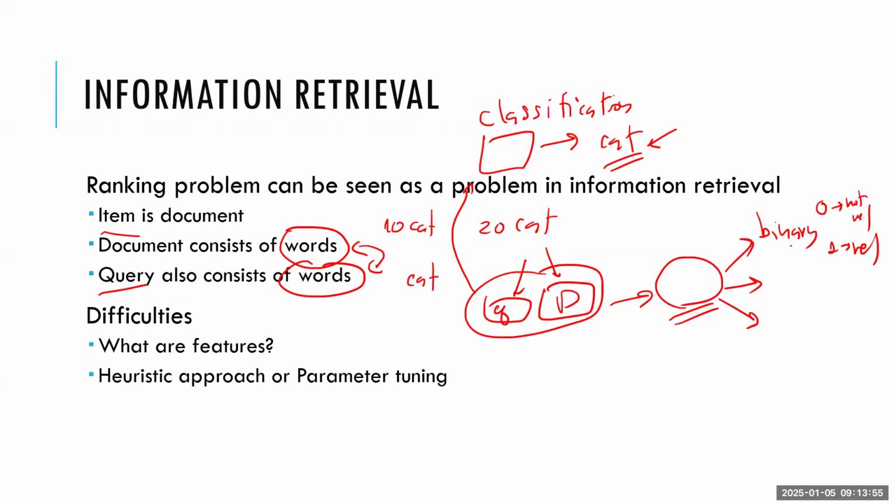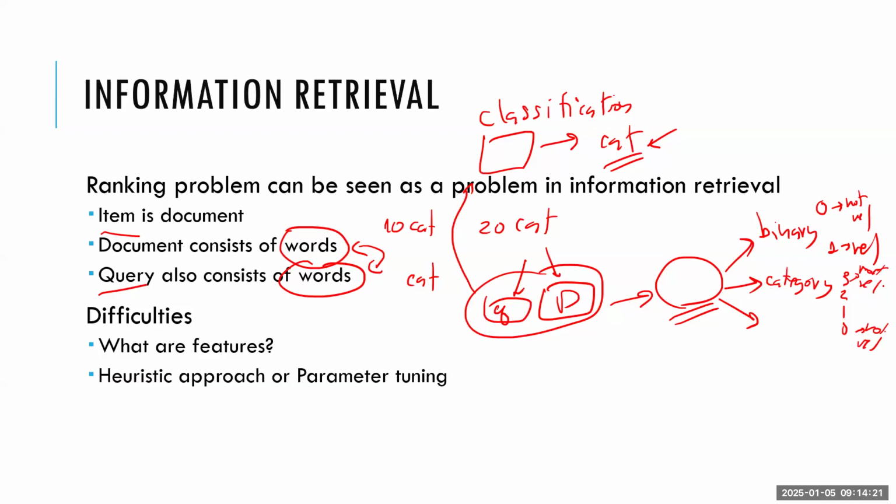So this is binary. We can also have categories. The category could be a score. For example, 0 means not relevant, and 3 would be the most relevant.